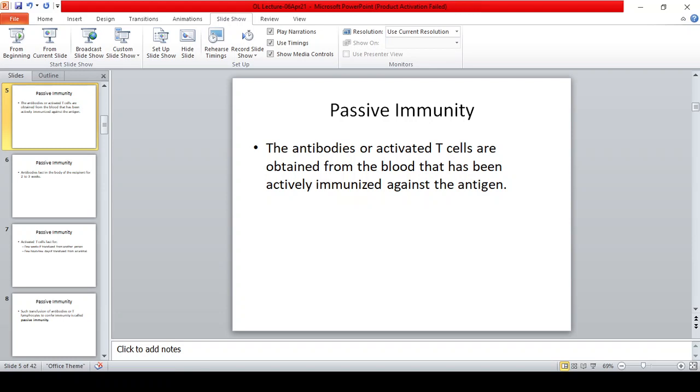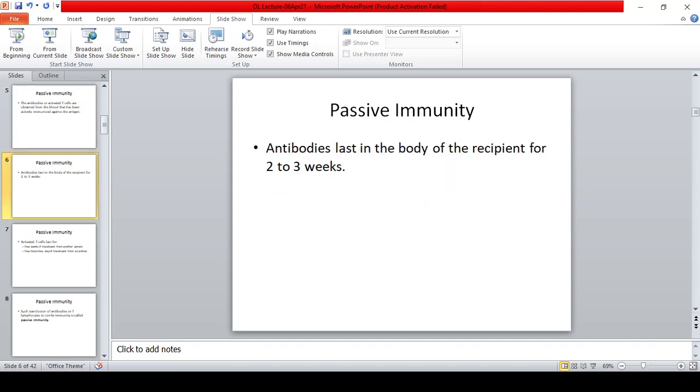Now, in case of the preformed antibodies, when administered to some individual, they last in the body of the recipient for 2 to 3 weeks.